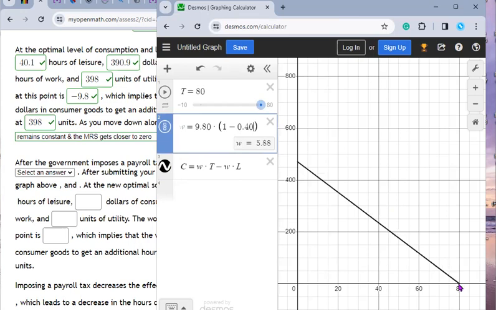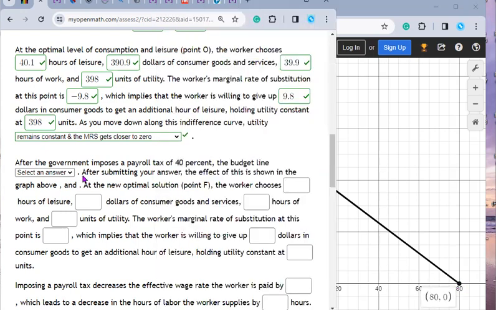The budget line rotated counterclockwise at this point down here, right? It was up here. Now it's down here. So it rotated counterclockwise via this point, right?